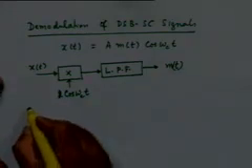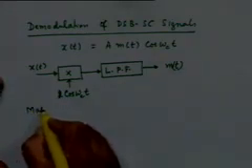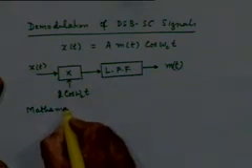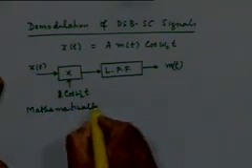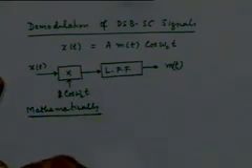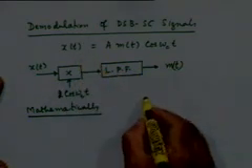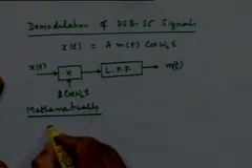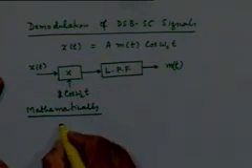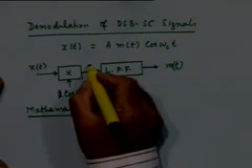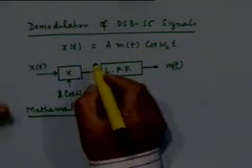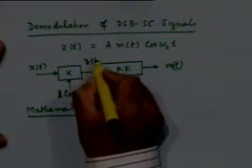Mathematically speaking, you are multiplying x of t with 2 cosine omega ct. Let's say that the output here, let's call this signal z of t.